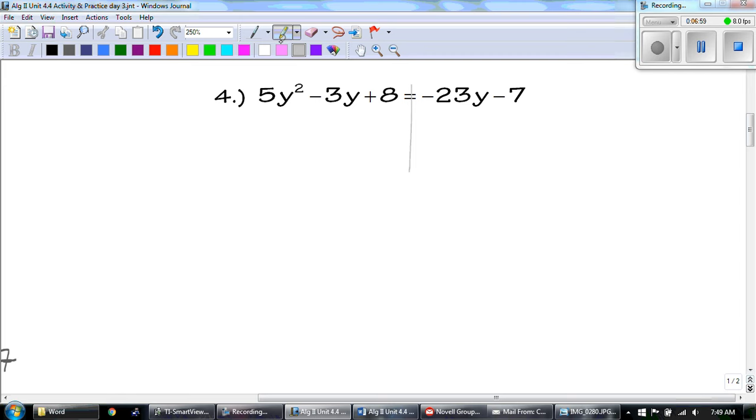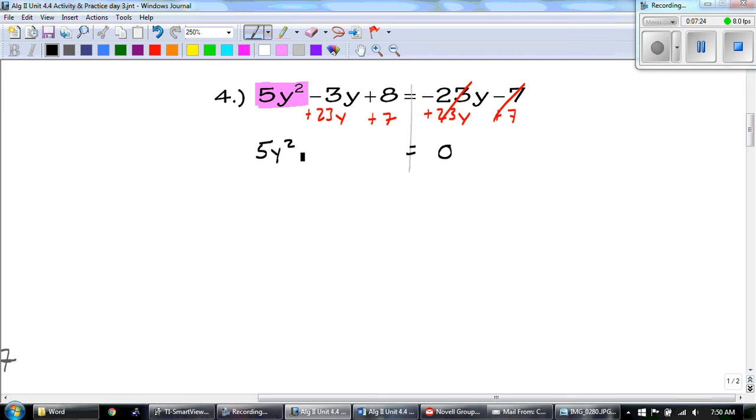All right. Number 5, the first thing I'm looking for is my leading coefficient. I want to make sure that it's positive, and it is, so that means I need to move everything on the right side to the left side. Everything on the right side equals 0, and we're left with 5y squared.